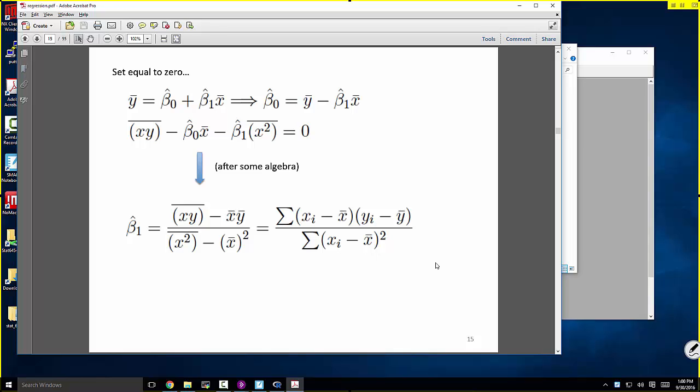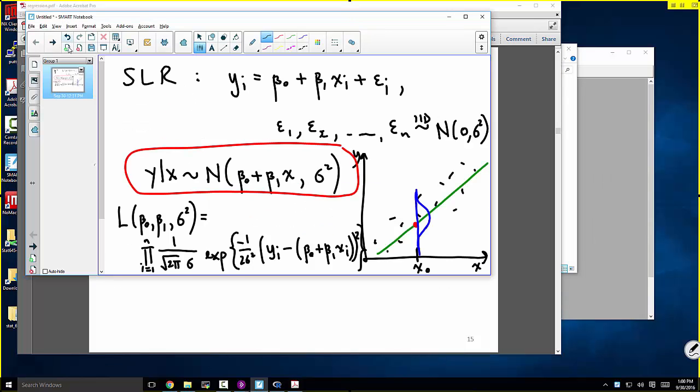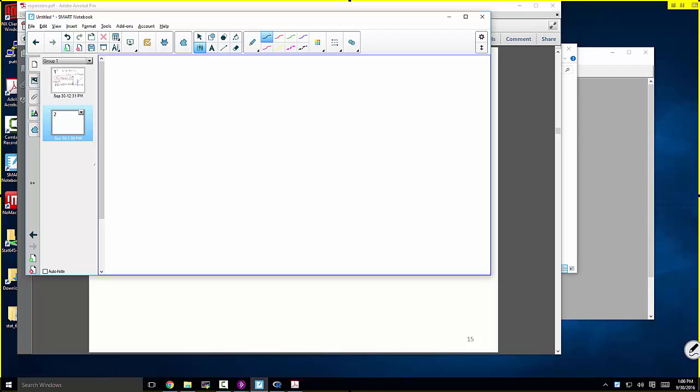If you look at this, in the top, it looks like a covariance kind of calculation. Let me just write a couple of things over here. Our data consists of pairs, x1, y1 for individual 1, x2, y2 for individual 2, up through xn, yn.